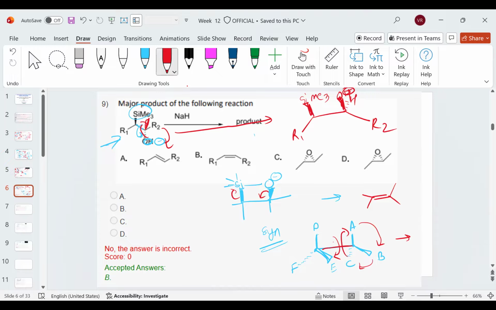This will remain unaffected. D and E were on this side, and F was directing downwards like this.